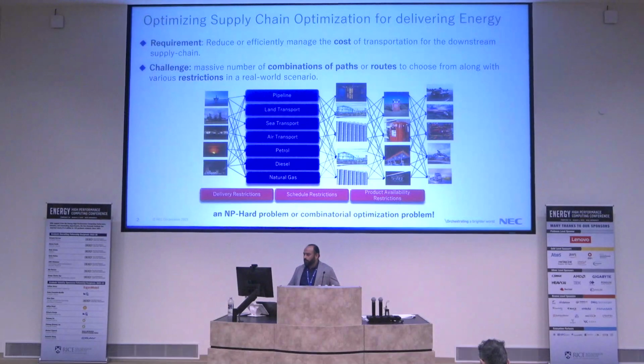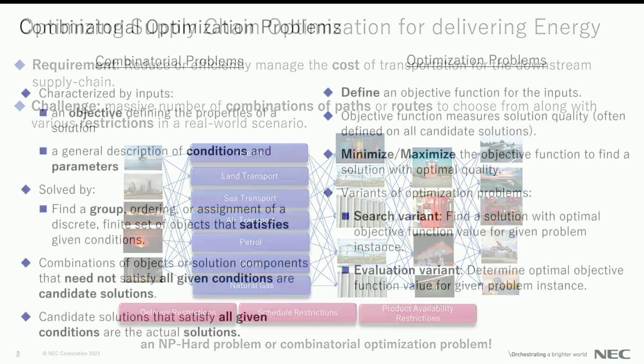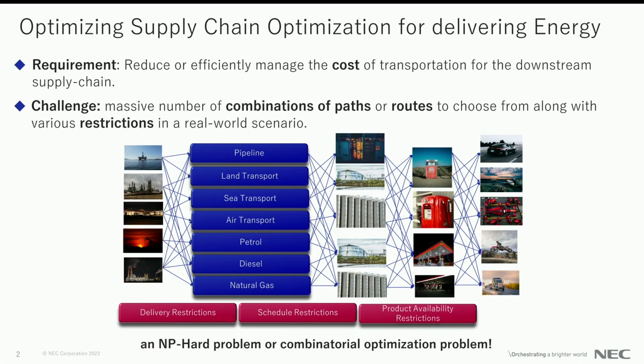So speaking about what the use case is. Efficient transport of energy is and has been one of the key necessities for the energy industry. And the requirement is to get it done at low costs.